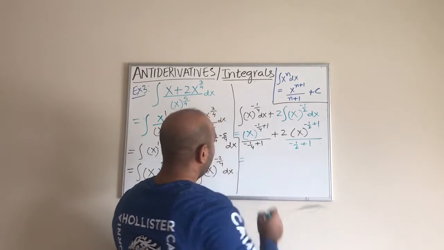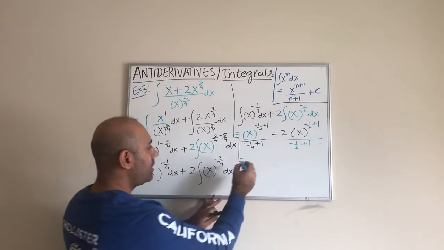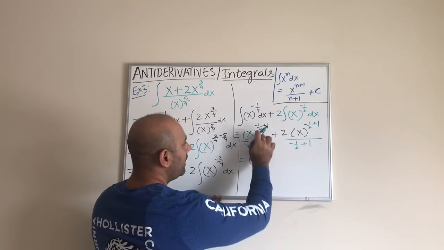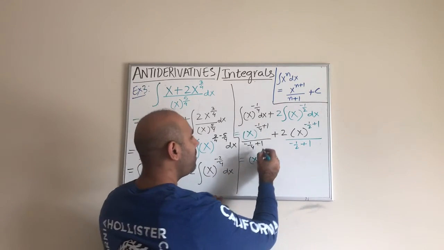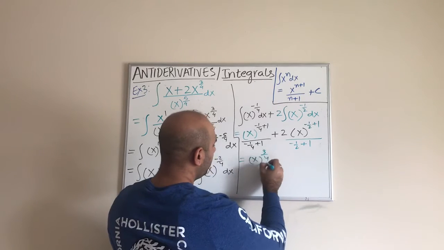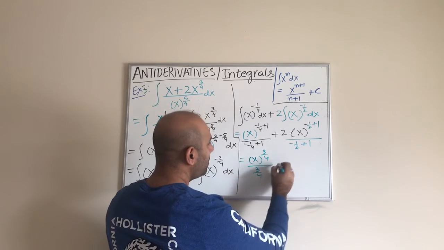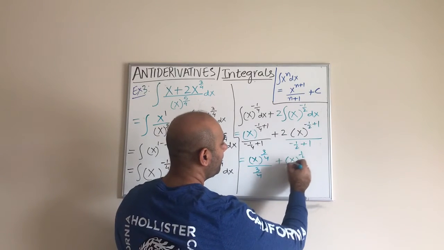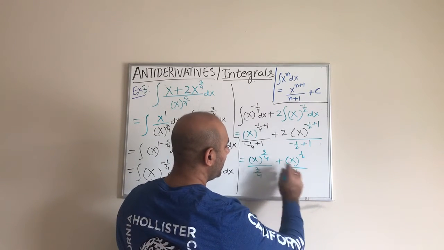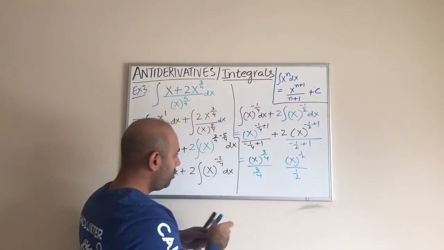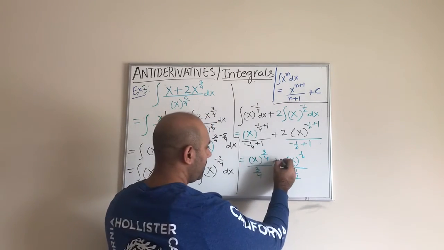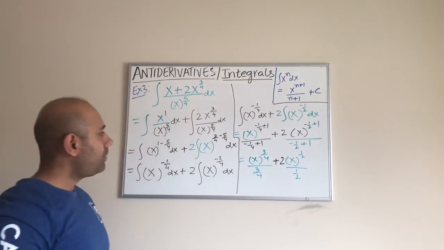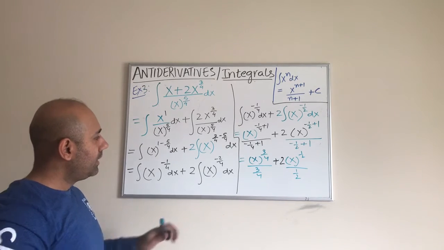Okay. Now let us simplify further. x to the power negative 1/4 plus 1 is going to be 3/4, and the same thing downstairs, 3/4, plus x to the power negative 1/2 plus 1 is going to be 1/2, and 1/2 downstairs as well. Don't forget the 2. There is a plus 2. Okay.